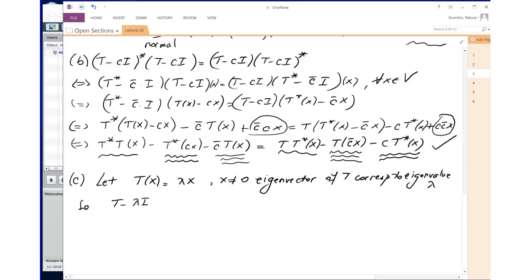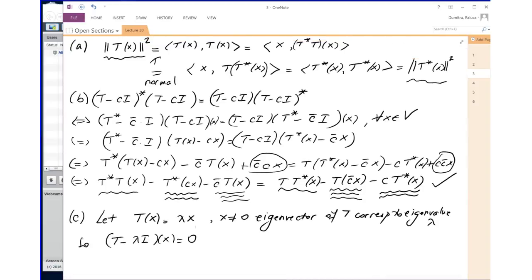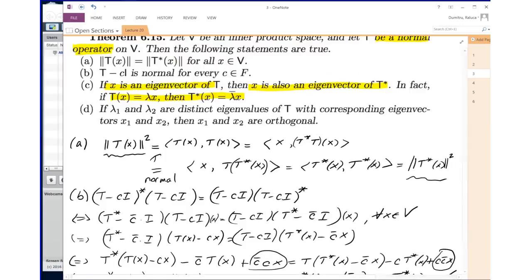So T minus lambda identity of x is 0, if you move everything to one side. But according to part B, T minus lambda identity is a normal operator, right? So I'm going to apply part A to the operator T minus lambda identity.